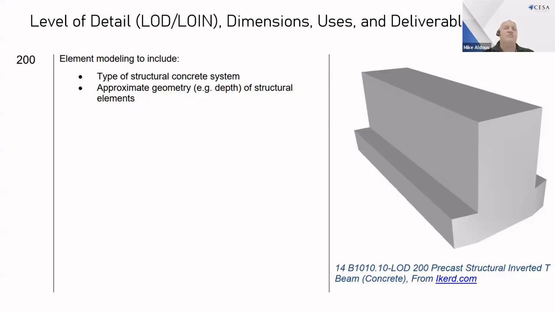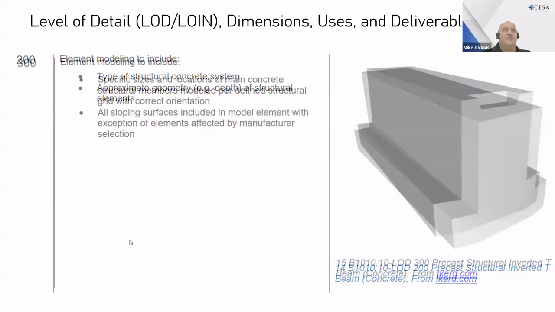So a beam knows it's a beam based on its defining factors within the underlying database. So for a level of detail 200, and these are probably terms you'll come across on a regular basis, and probably more and more going forward in tenders and requests for proposals, etc., as more clients become familiar with what they actually want, here we have the type of structural concrete system and the basic geometry.